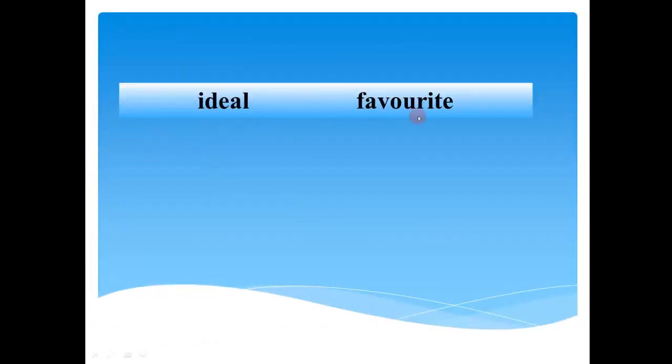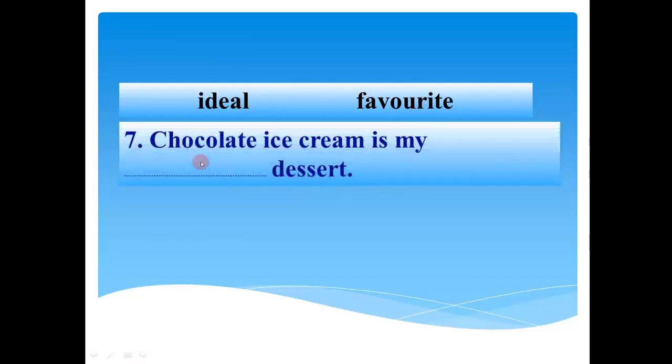Ideal and favorite. Ideal means perfect or the best possible. But favorite means the best liked or the most enjoyed. 7, complete. Chocolate ice cream is my favorite dessert.